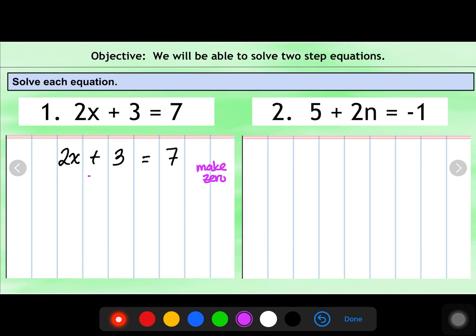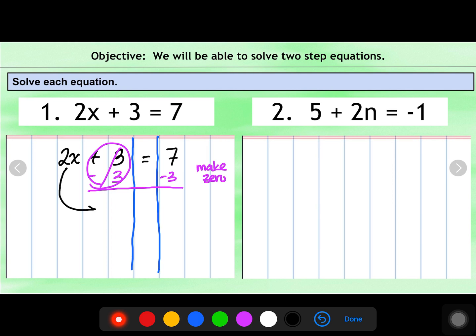Well, how do I make 0 with a plus 3? We minus 3. But whatever we do to one side of this equal sign, we have to do to the other side. So I've got a minus 3 on that side. This is what make 0 is. That's what I wanted. The 2x just comes down here now.